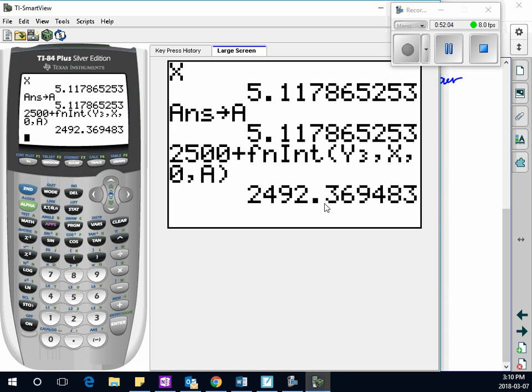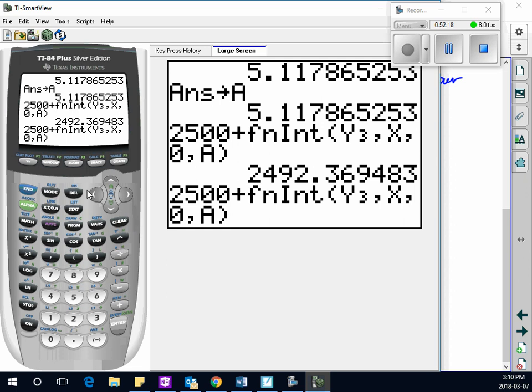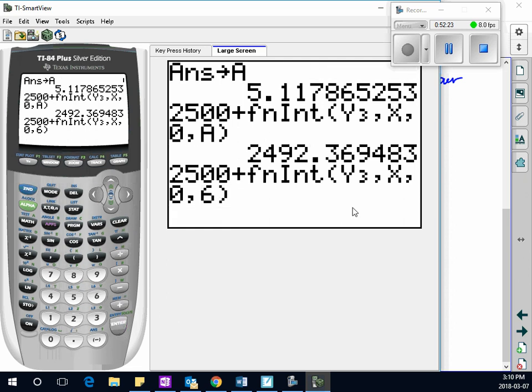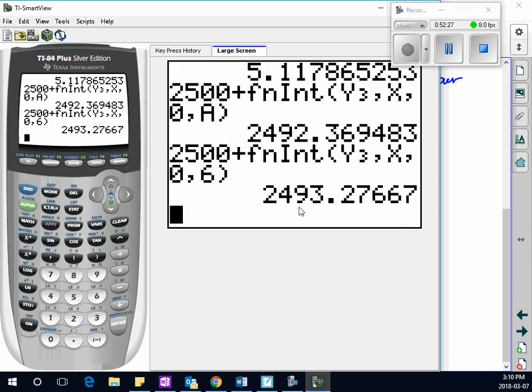And then the last one I need is how much it is at y of 6. So I'm going to go from 0 to 6 here, and do the same thing again. Remember, second enter is the fastest way. I'm going to change this to 6, and then it's fast. There you go.